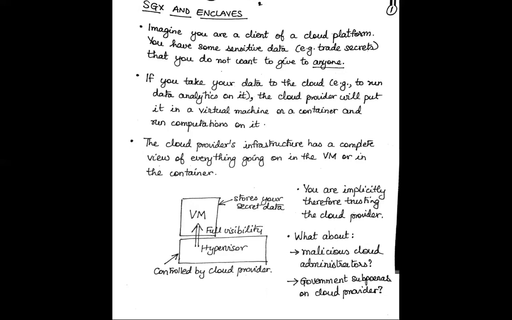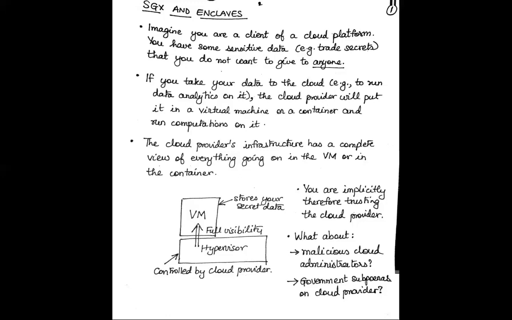So here's the problem, right? Now, if you take your data to the cloud, for example, if you want to run some data analytics on it, the cloud provider, the way that they will do it is that they will put it in a virtual machine or a container. That is the standard execution abstraction on the cloud, and they will run computations on it.